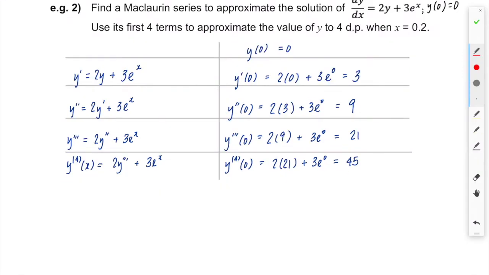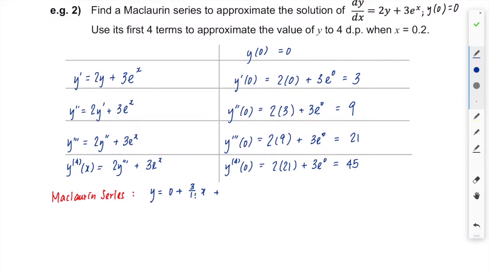Okay. So as a Maclaurin series, we have y equals 0 plus 3 over 1 factorial x plus 9 over 2 factorial x squared plus 21 over 3 factorial x cubed and plus 45 over 4 factorial x to the power of 4.